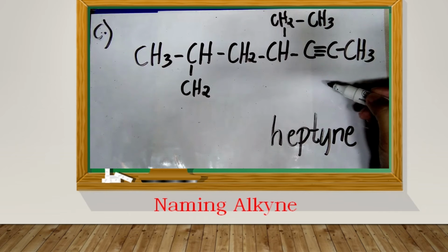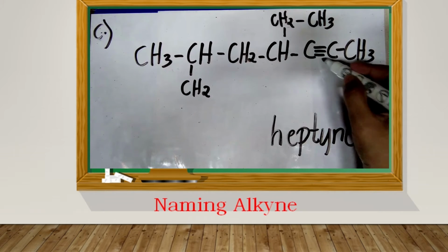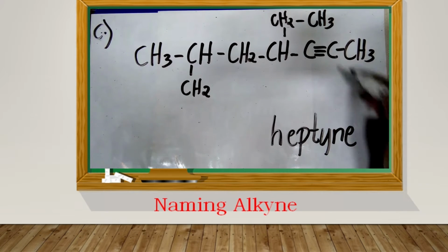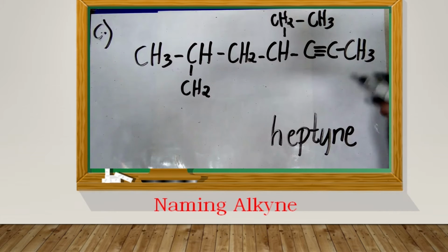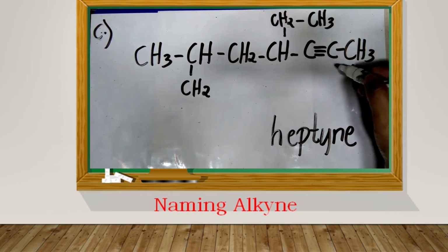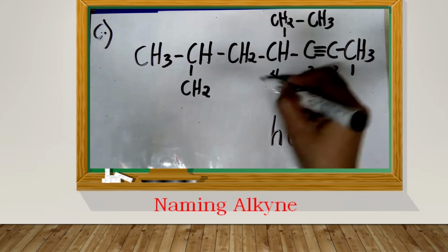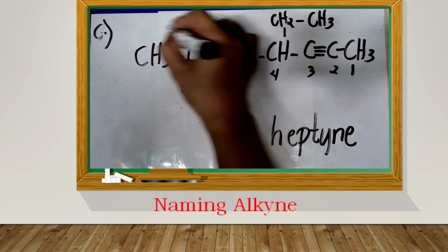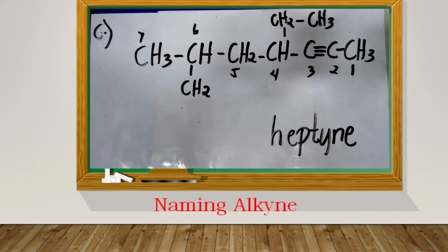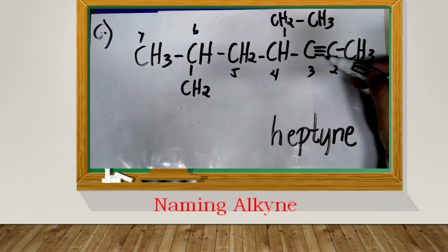You will start numbering the longest chain from the carbon atom nearest to the triple bond. So, right here: 1, 2, 3, 4, 5, 6, and 7. Where is the triple bond?